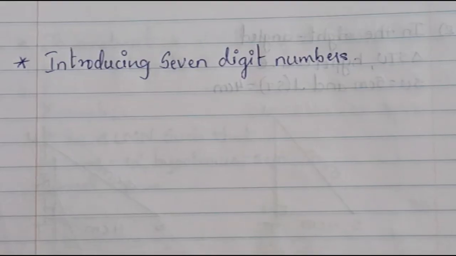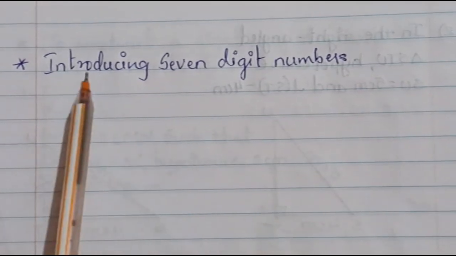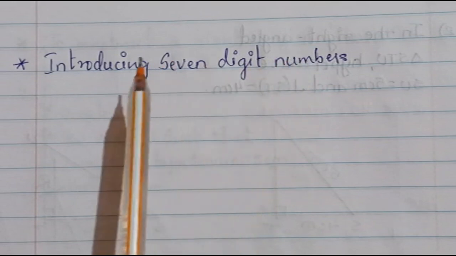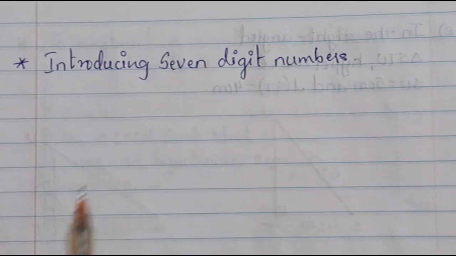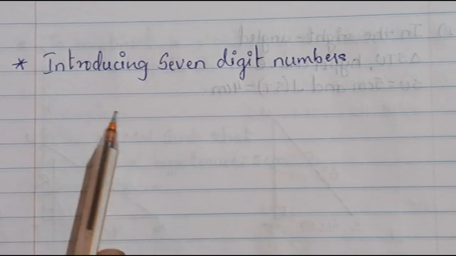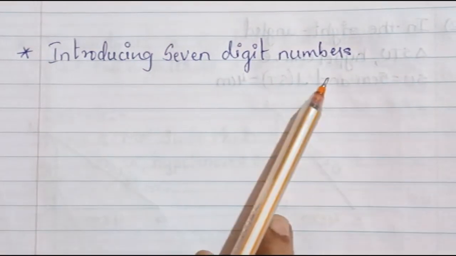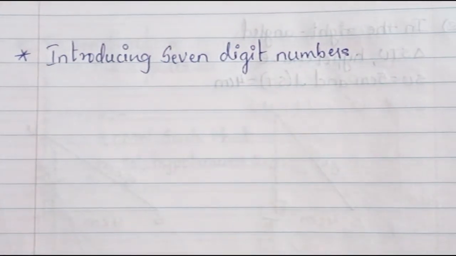Now students, we are going to study the next part, that is, introducing 7-digit numbers. In the previous lecture we studied the 6-digit numbers, with the introduction of the lakhs place. Now we are going to study 7-digit numbers, which include the place of lakhs as well as 10 lakhs, like we studied thousands and 10,000s.